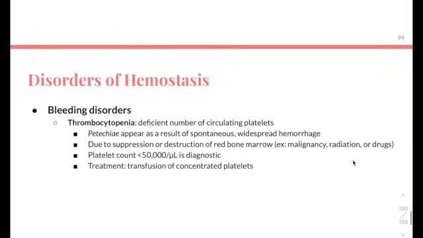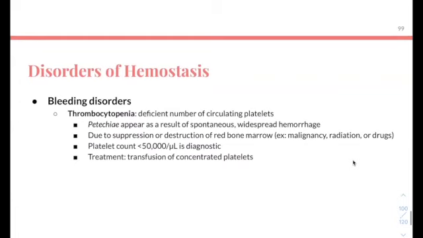Thrombocytopenia. Anything that is penia means it's not enough, it's below normal. There's not enough platelets circulating around in thrombocytopenia.